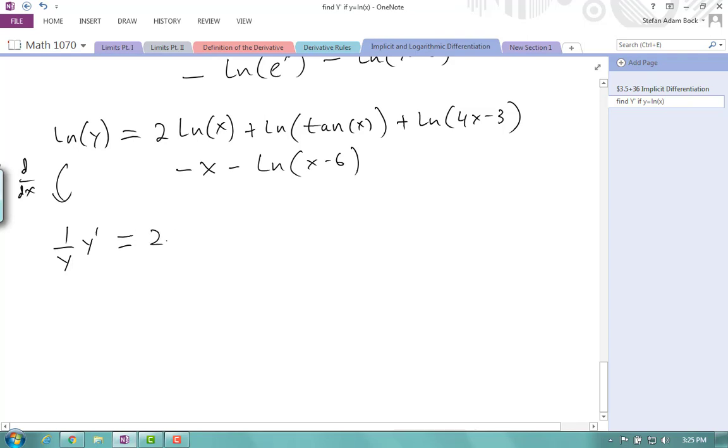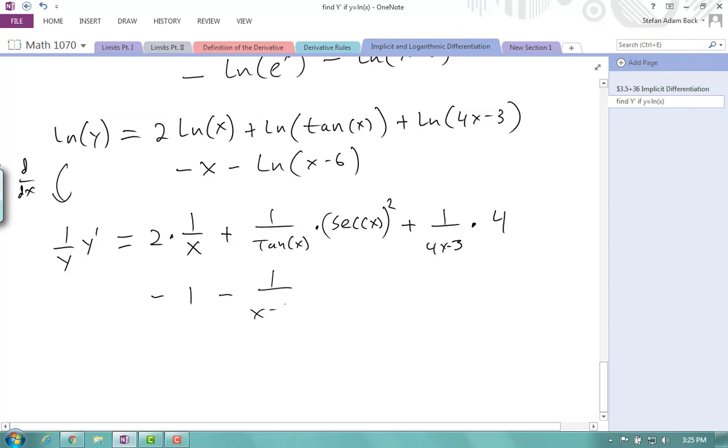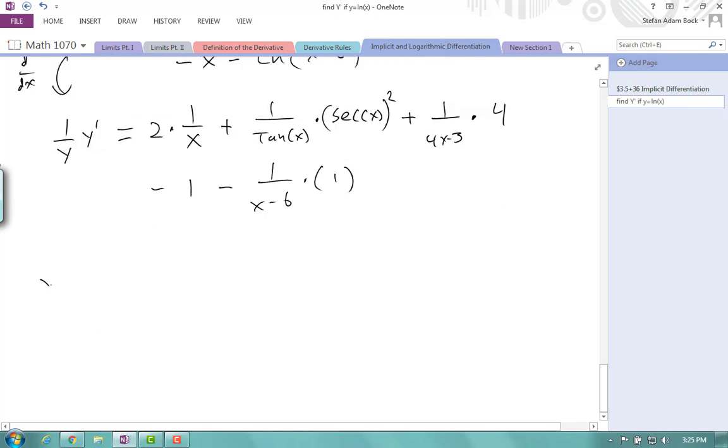I'll have 2 times 1 over x plus 1 over tangent of x times secant of x quantity squared plus 1 over 4x minus 3 times 4 from the chain rule minus 1 over x minus 6 multiplied by a 1 from the chain rule.